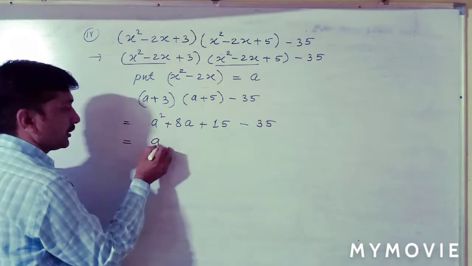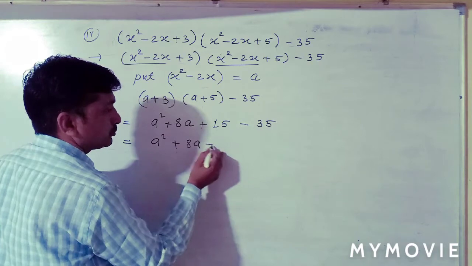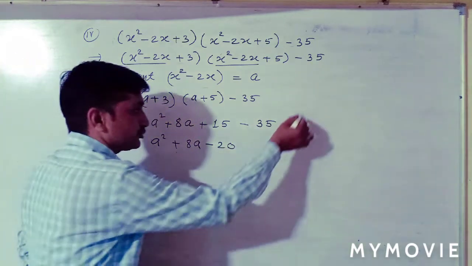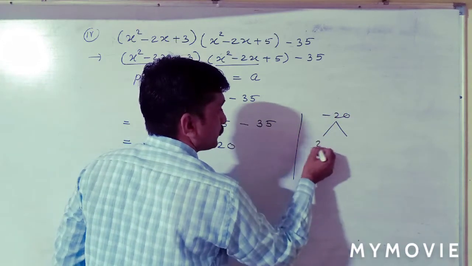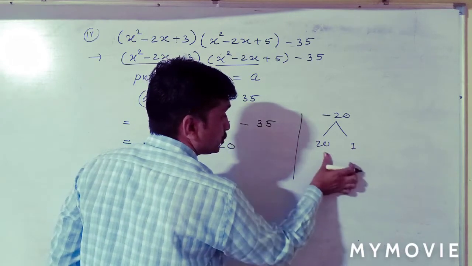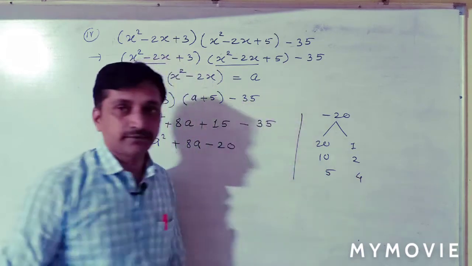This is equal to a square plus 8a, and here subtraction, minus 20. This is quadratic. Now factors of minus 20: 20 ones are 20, 10 twos are 20, 5 fours are 20.